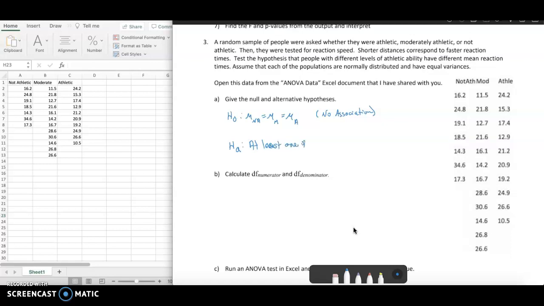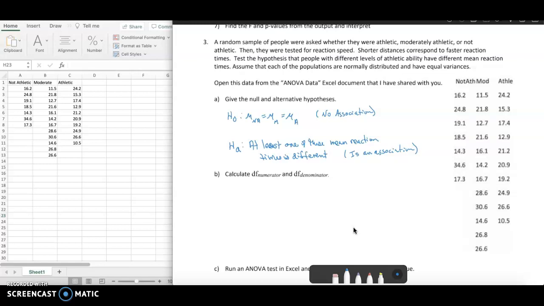And that would imply that there is an association between athletic ability and reaction time.